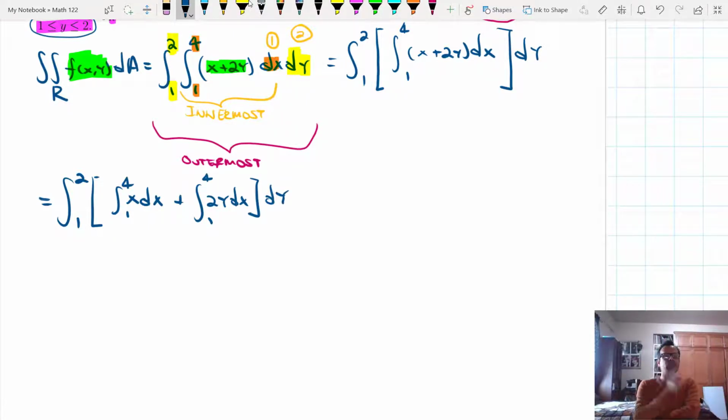That's the following step for now. Ignore the dy and the integral symbol going from 1 to 2. We're going to leave those two for the end.